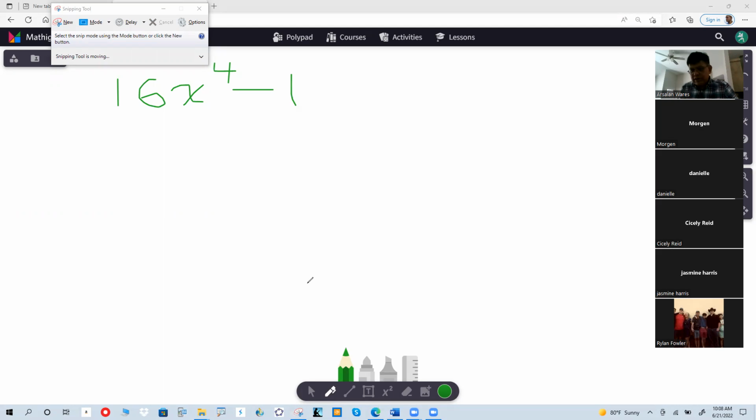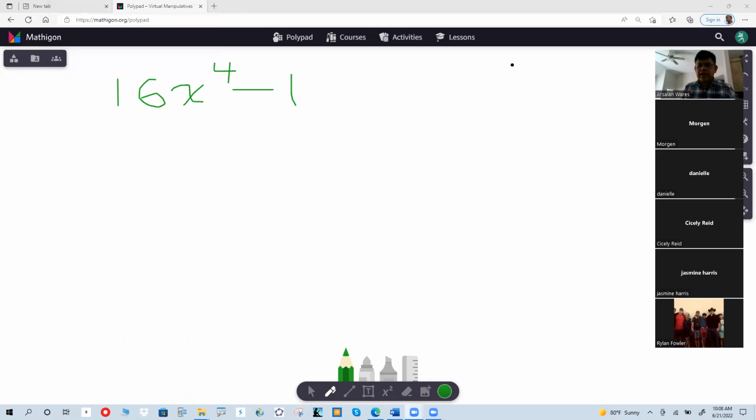That strip has a draw, D-R-A-W. It's the fourth icon from the left. And you can just write on my screen if you choose to. If you can't do that, you can always tell me what you did. And if I don't understand you, I will ask you for further clarification.